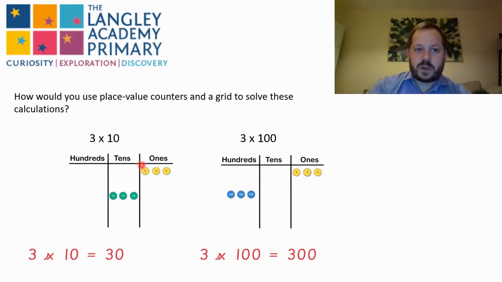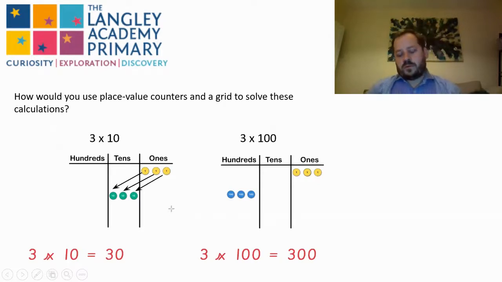So you would make 1 one into 10, and you do the same with all 3 of them. So all 3 move from being ones to tens. So each one is 10. So in this case, that moves them across into the tens column, and we have our 3 tens.